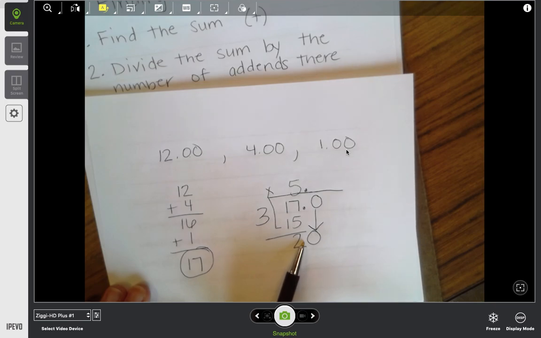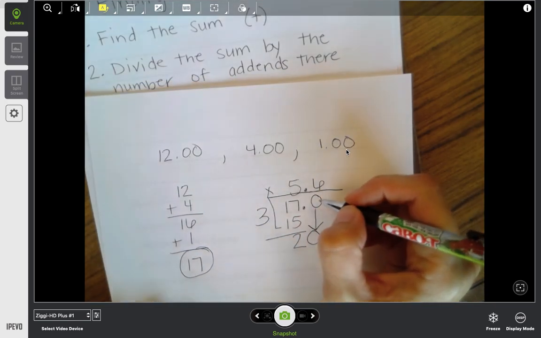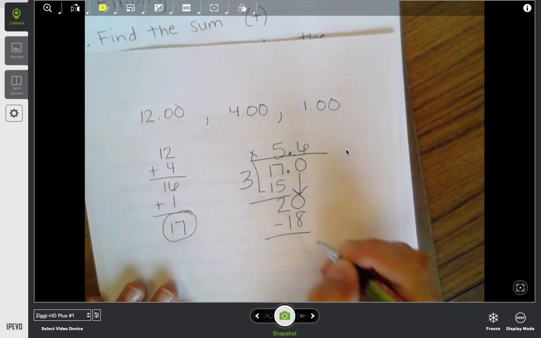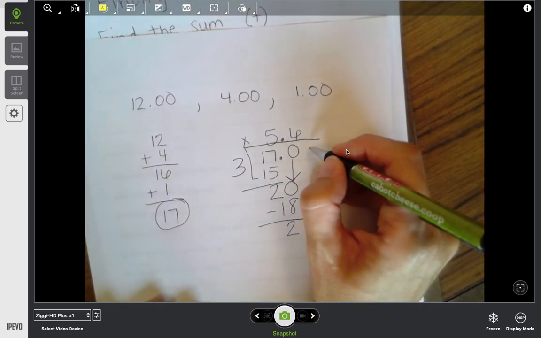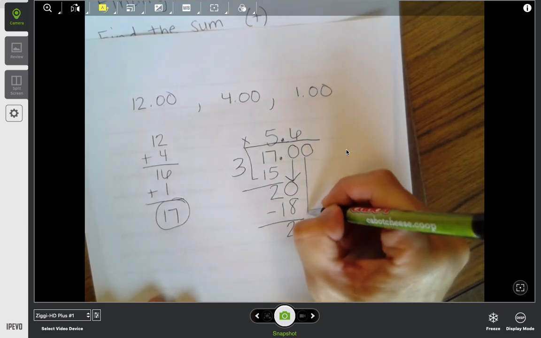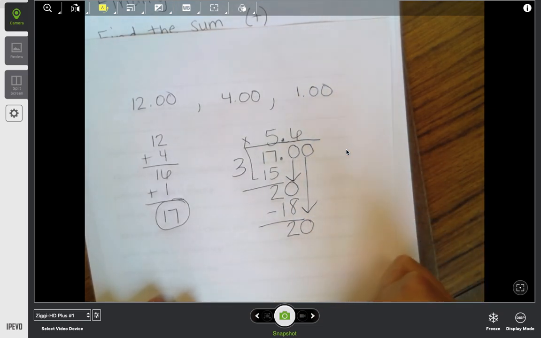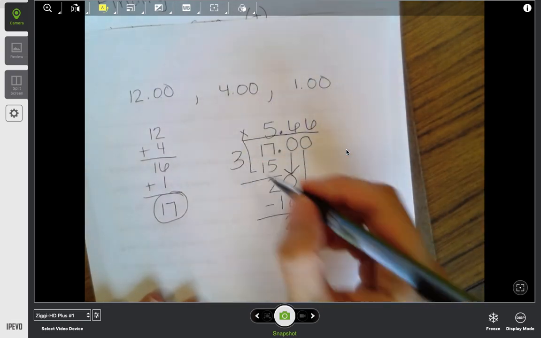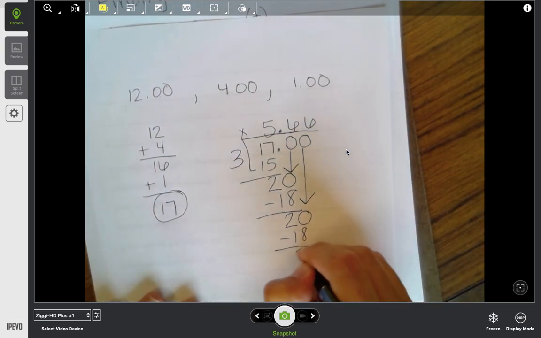3 will go into 20 6 times. 6 times 3 is 18. 20 minus 18 is 2. I can bring down another 0 to make that 2 a 20. 3 goes into 20 6 times. 6 times 3 is 18. That equals a 2.